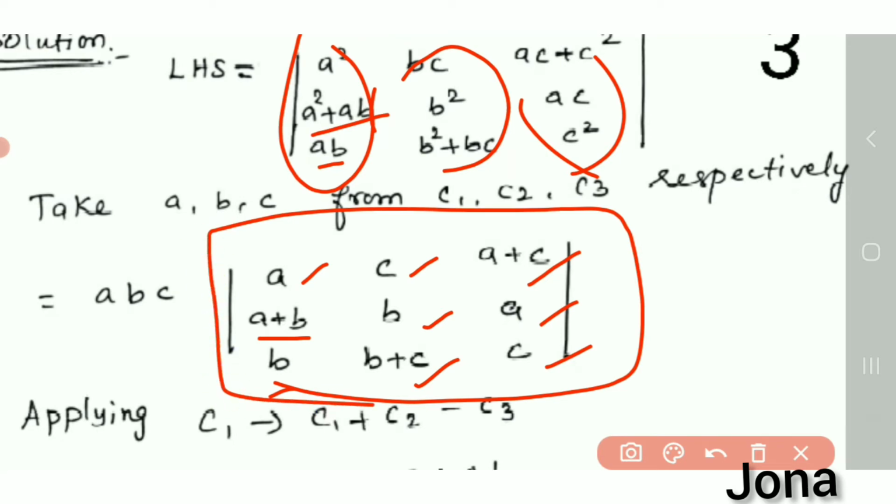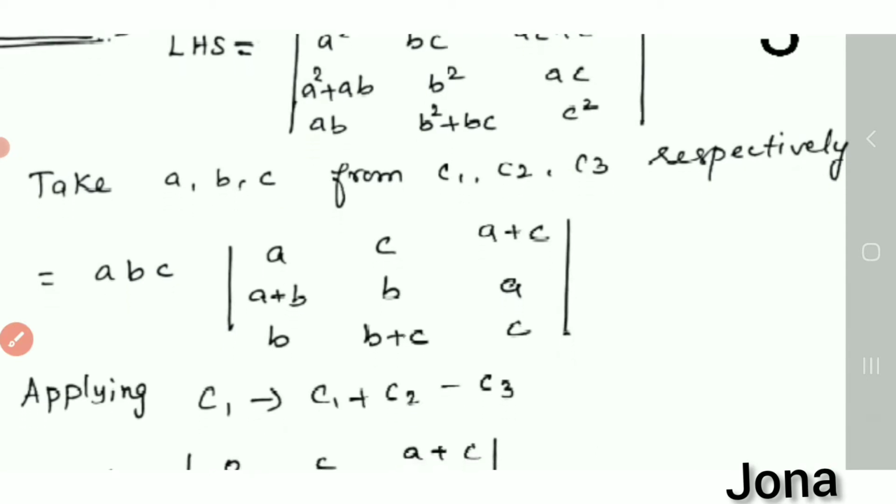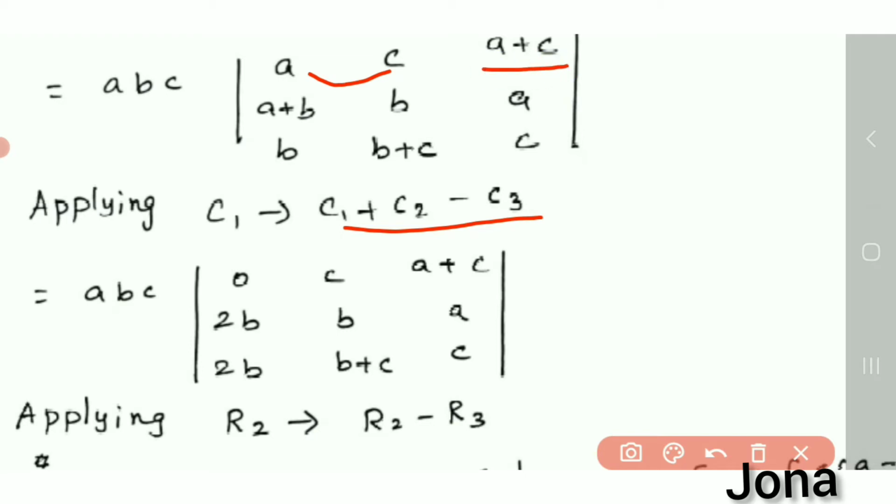Again we want to simplify something here. So C1 equals C1 plus C2 minus C3. That means we add C1 plus C2 as a plus c, and subtract this C3. A plus c minus of a plus c is nothing but 0. Here we have 0.